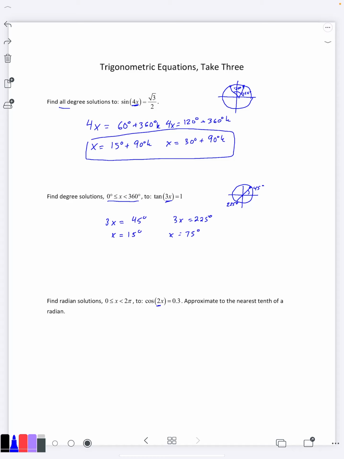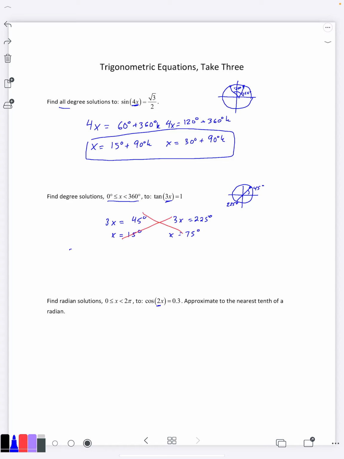But once again, this is not going to be quite right, because by changing the x to 3x, it means we're going around 3 times as fast. So going around one circle, 0 to 360, really means going around it 3 times. This is not actually the right final answer.